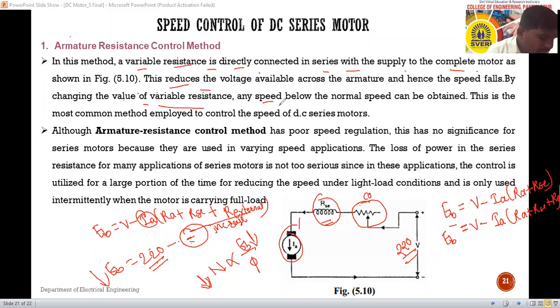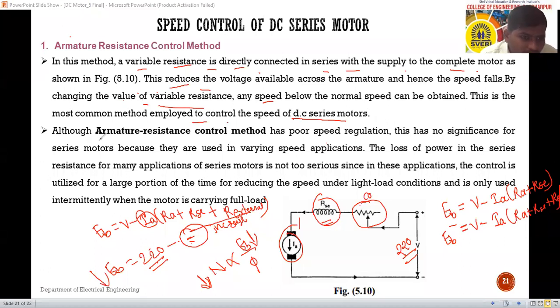And this is the most common method employed to control the speed of a DC series motor.